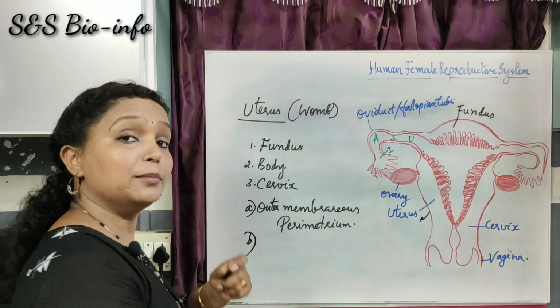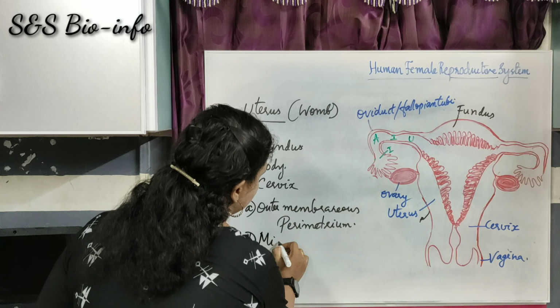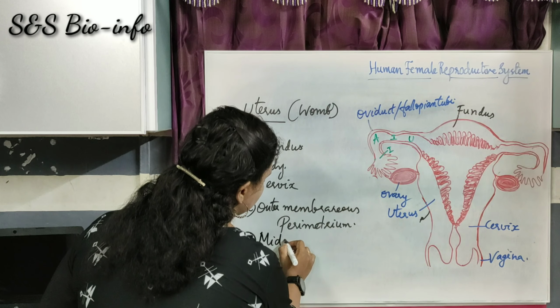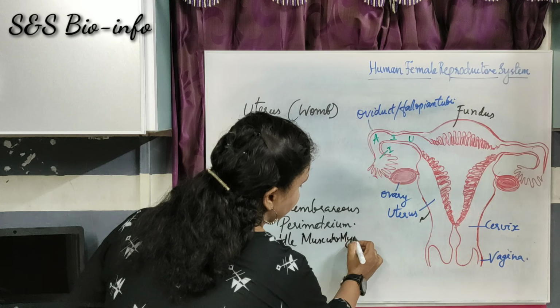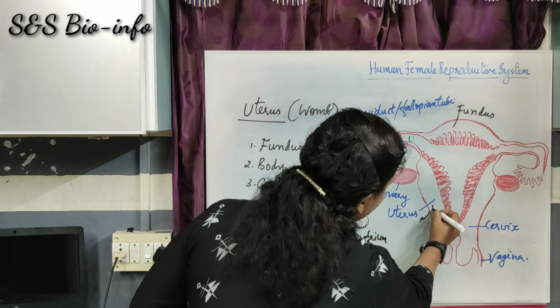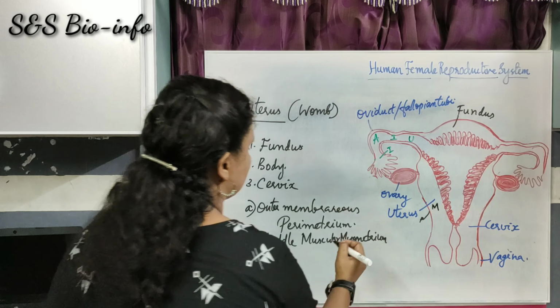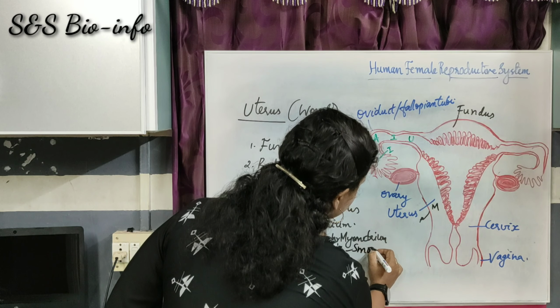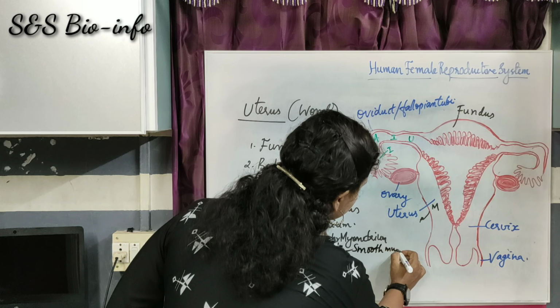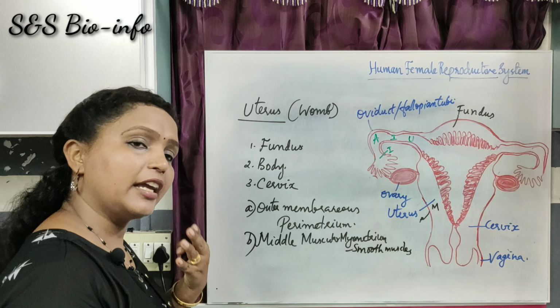Second one, the middle muscular myometrium, which is made up of smooth muscles. Got it? The inner glandular endometrium.